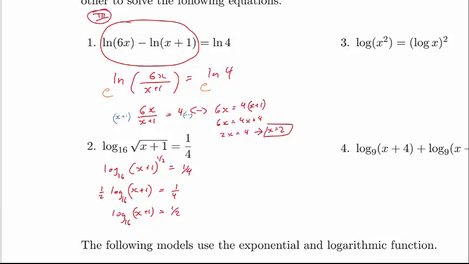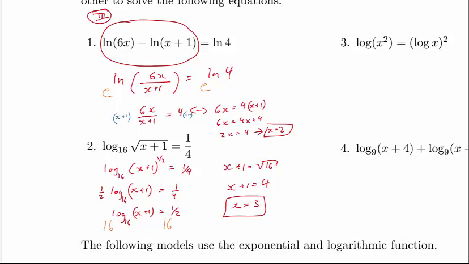We're going to apply the exponential function, and we're going to use a base of 16 on both sides. And so now we have x plus 1 equals the square root of 16. Square root of 16 is 4. Subtract 1 from both sides, and we get that x equals 3.